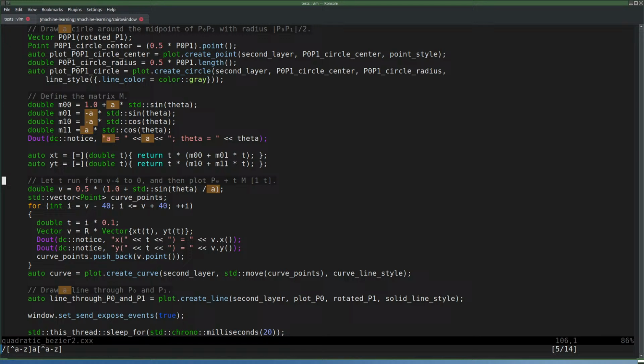Currently, I'm trying to find a way to, what is the word? Fit is the word.